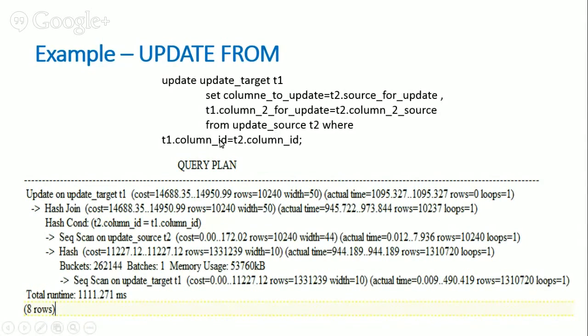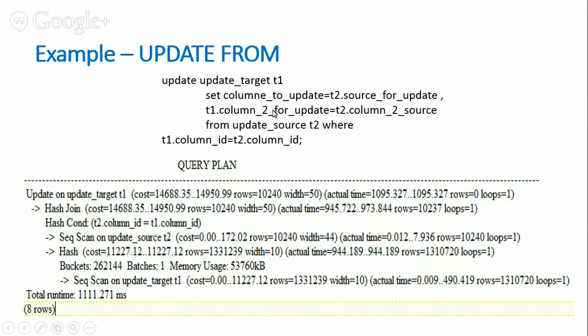There is a join happening between the target and the source table, and there is a join memory or sorting memory which has been used here, and the total execution time has dropped from 22 seconds to 1 second. That is a huge benefit. Plus my update query looks much simpler.